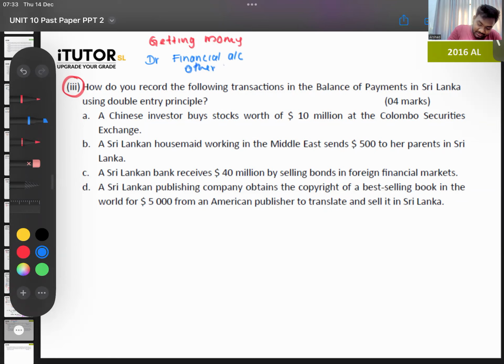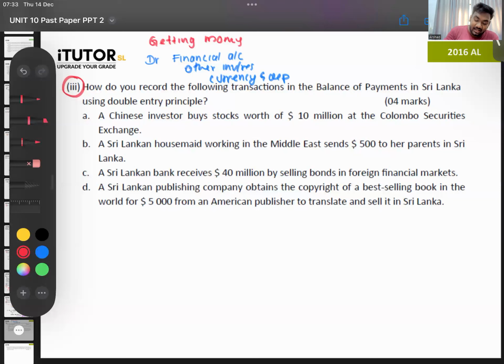Inside this, there is something called currency and deposit. You don't have to say the other reserve part. You can just say debit financial account, currency and deposits. So this is like our cash book level in accounting. Whenever you get money, debit financial account, currency and deposit.